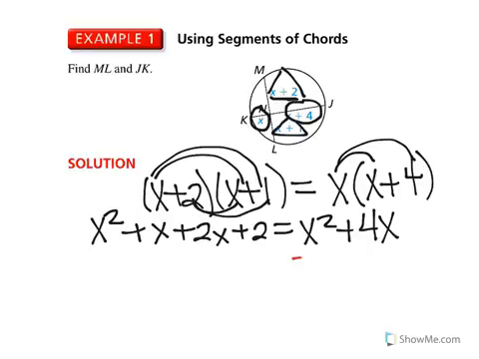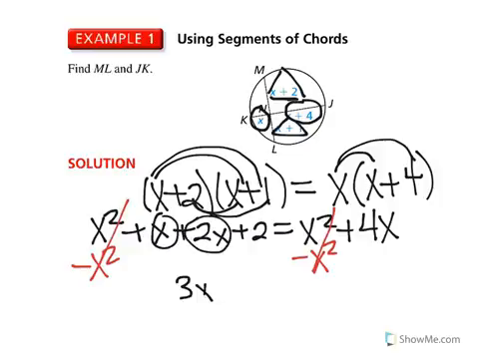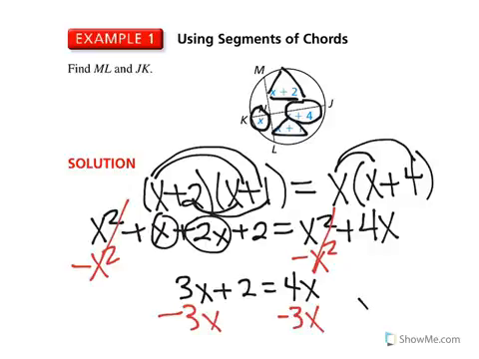I'm going to subtract x squared from each side. Those end up canceling out, and we have our x and our 2x, so we're going to combine like terms to get 3x plus 2 is equal to 4x. And my last step, I'm going to subtract 3x from both sides to where I get x equals 2.